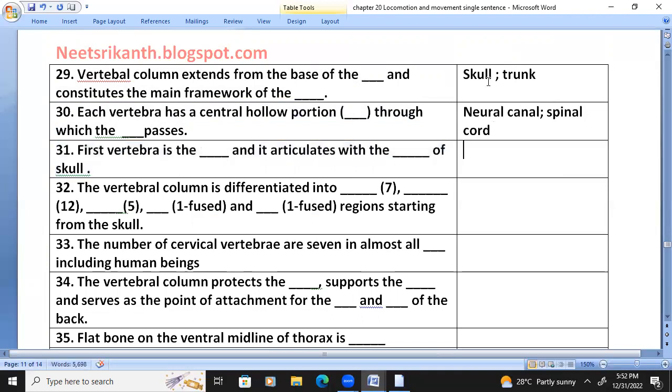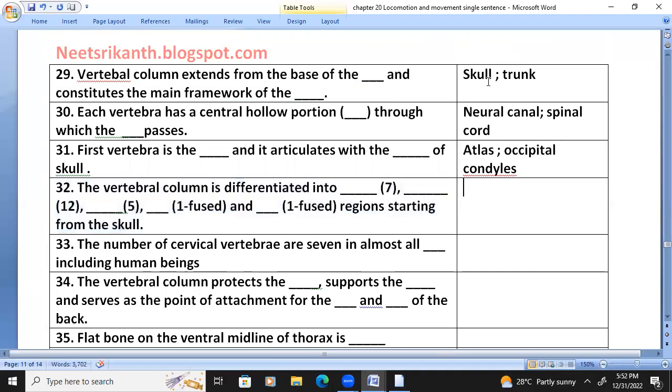The first vertebra is called atlas, and it articulates with the occipital condyles of the skull.